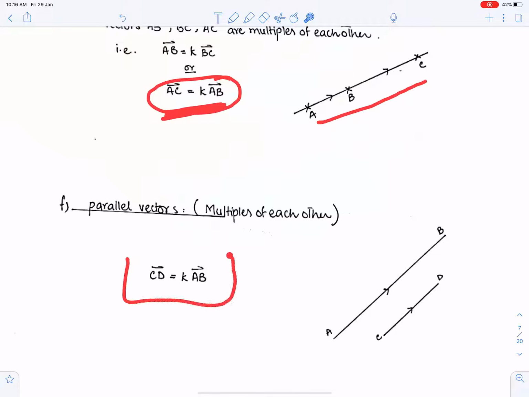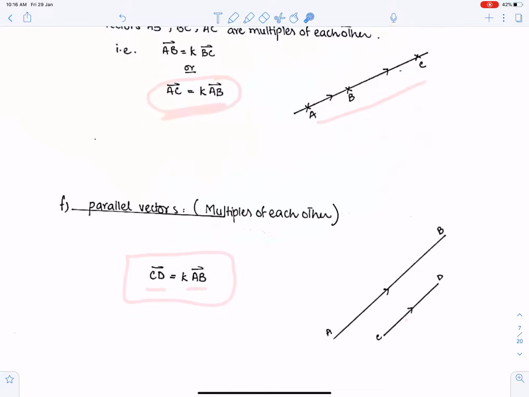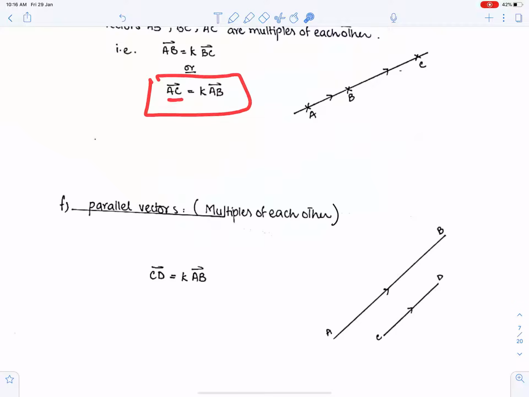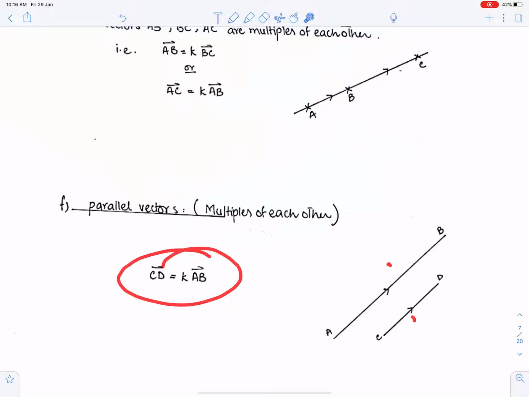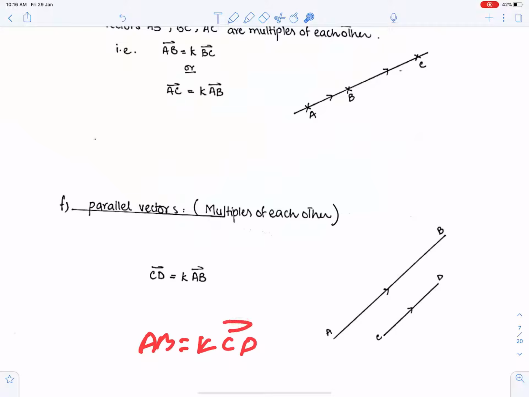See, no point is common. Therefore, these two vectors are parallel. If we have a common point, that means these points are collinear. If we don't have common points in multiples of vectors, that means the vectors are parallel, not that the points are collinear. So you can write CD is a multiple of AB or AB is a multiple of CD. You can write anything.